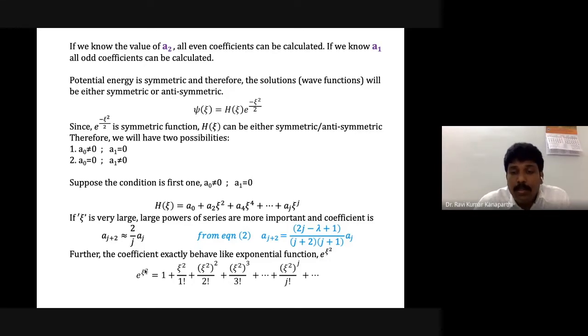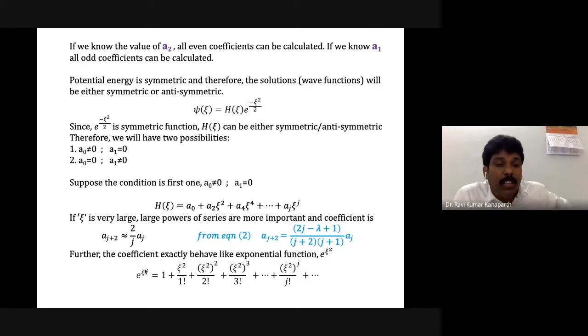Why am I introducing these things? You may find it somewhat difficult, but this is something that we know. This e to the power z square, which is a mathematical function, exactly behaves like the recursion relation we have. What is the recursion relation?